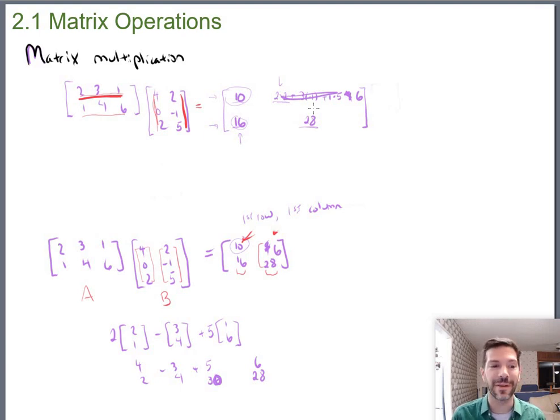Obviously this video is an excellent demonstration of why you don't want to do this by hand for the most part. You definitely want to understand the process, and you definitely will make mistakes if you do it all by hand. So please make use of a matrix calculator once you understand the process.